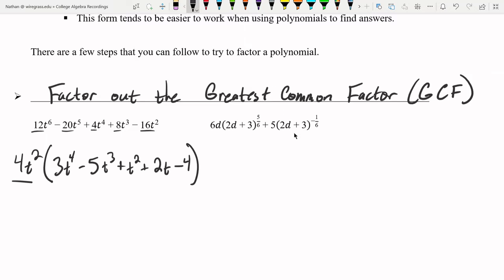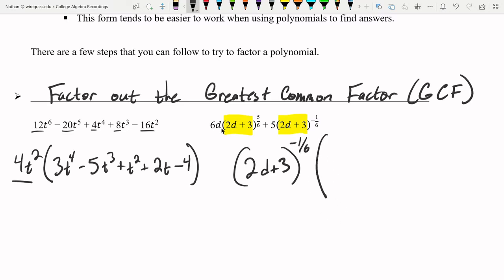Okay, for the next one, it's a little bit strange, but actually the greatest common factor is easy to find. It's 2d plus 3. Both terms have that in there. So I'm going to take out this 2d plus 3. I'm going to take out the smallest power of it. In this case, the smallest power is negative 1/6. So I'm going to take out 2d plus 3 to the negative 1/6 power.